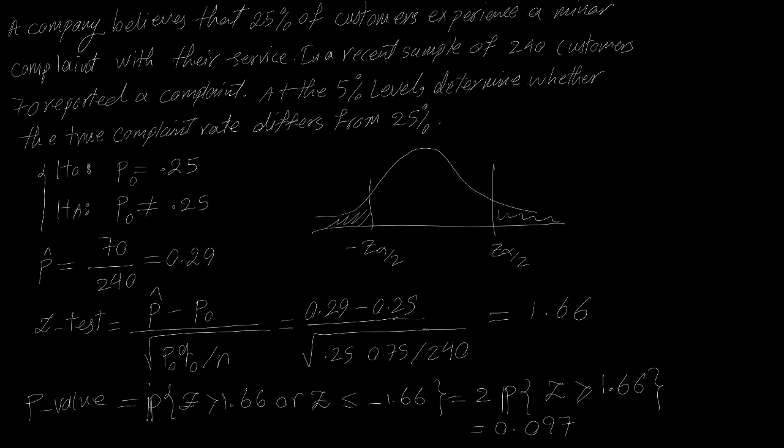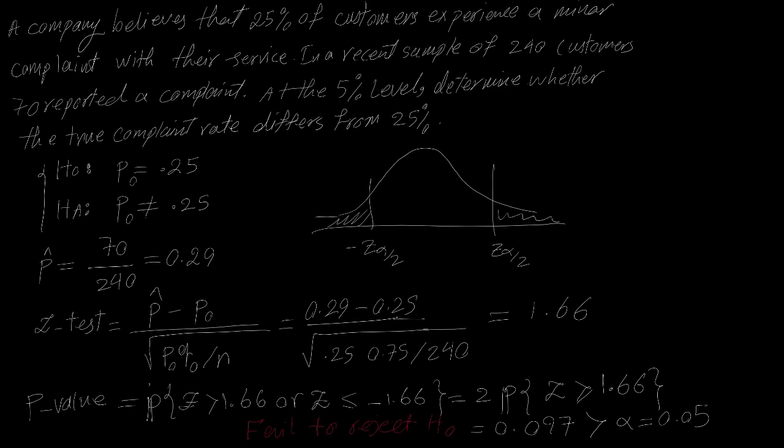So the p-value is greater than alpha, which is 5%. And we know that when the p-value is greater than alpha, we cannot reject the null hypothesis. So we fail to reject the null hypothesis.